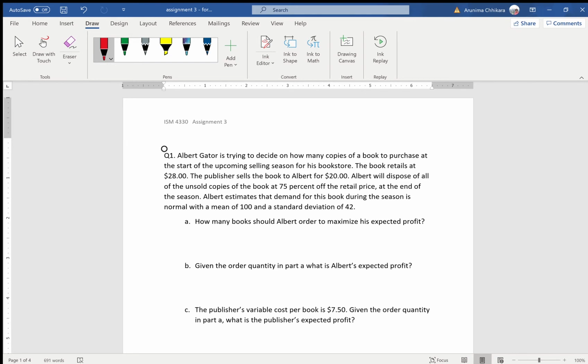For the first part of this question, Albert Gator is trying to decide how many copies of a book to purchase at the start of the upcoming selling season. The book retails at $28, so we have a retail price. The bookstore purchases its books from the publisher, which sells to the retailer, and then the retailer sells to the end customers.